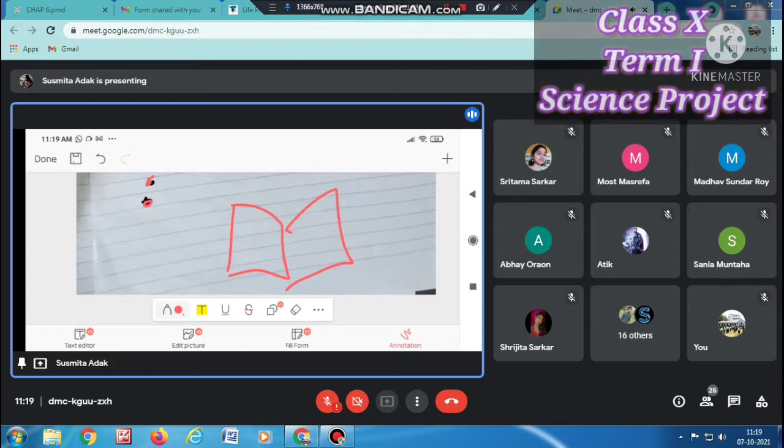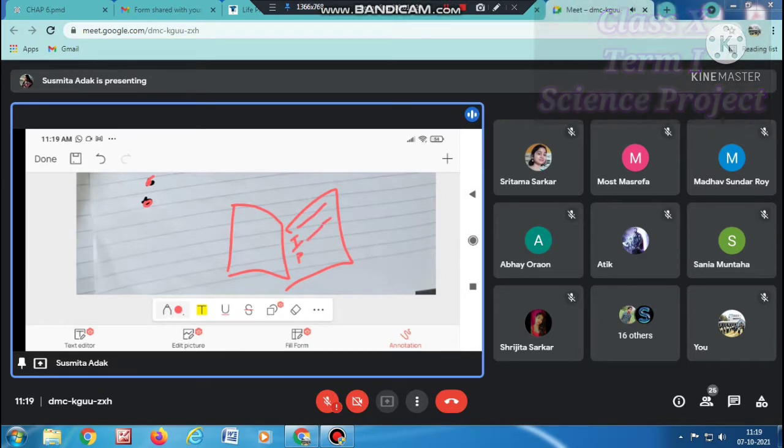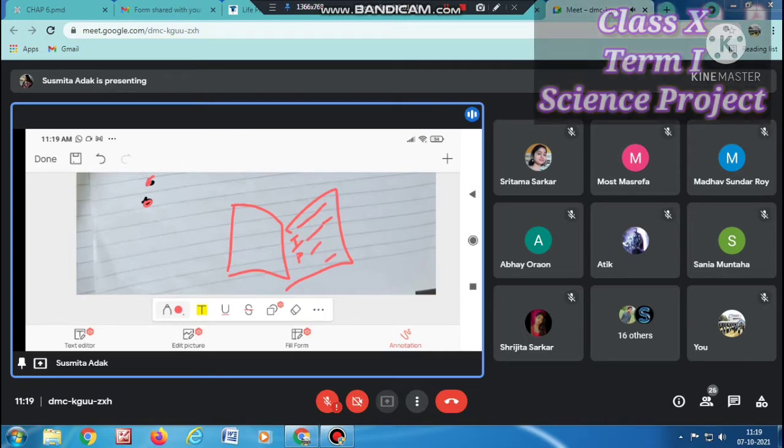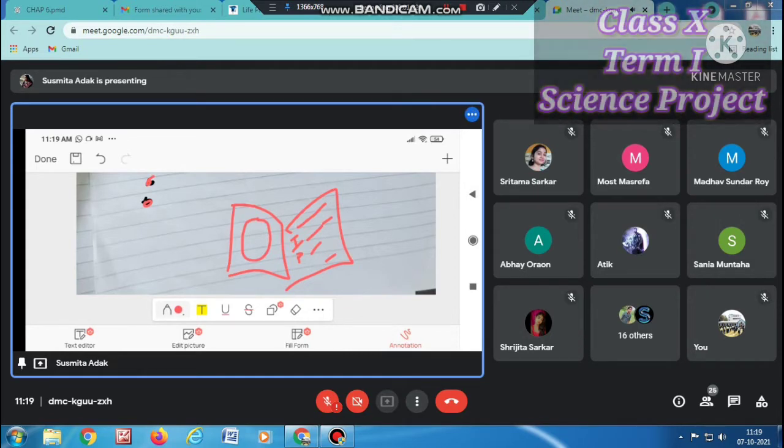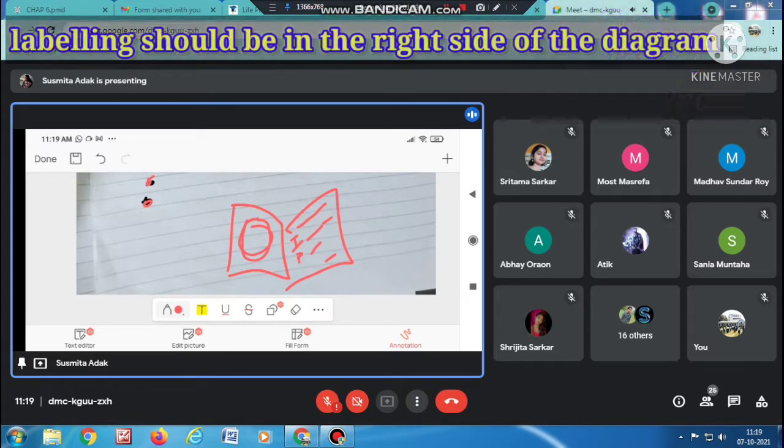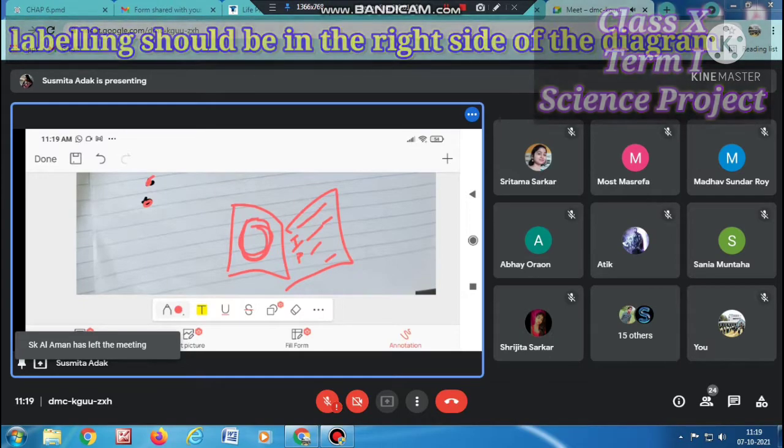Here you will write the heading, after that introduction and parts, all these things. On this left side page you have to draw the picture, but don't keep this drawing behind the cover page.